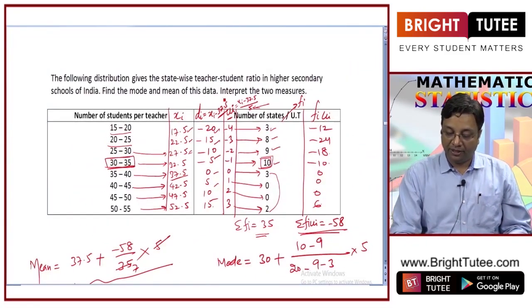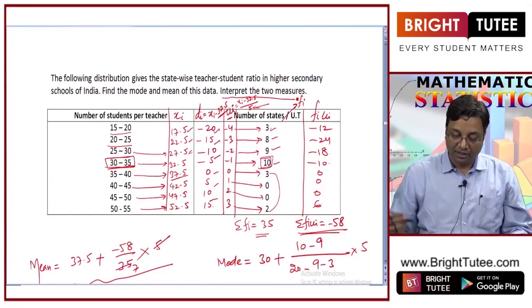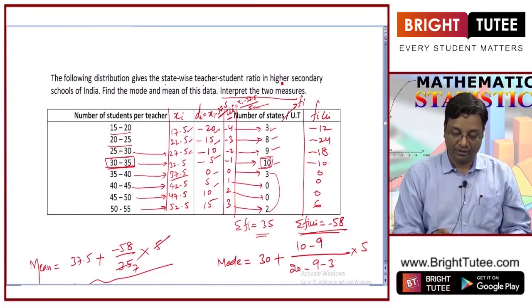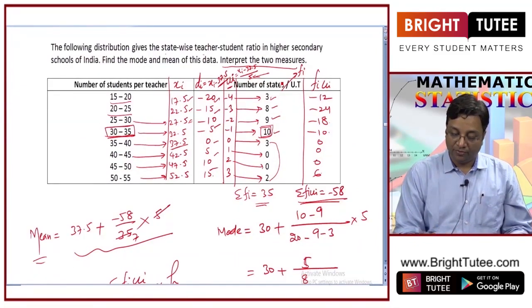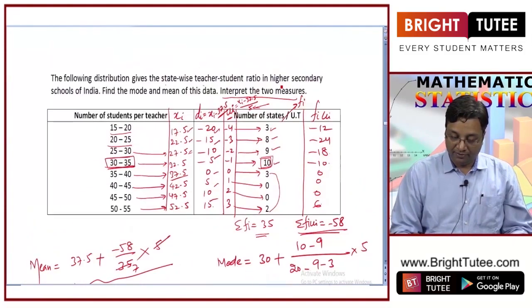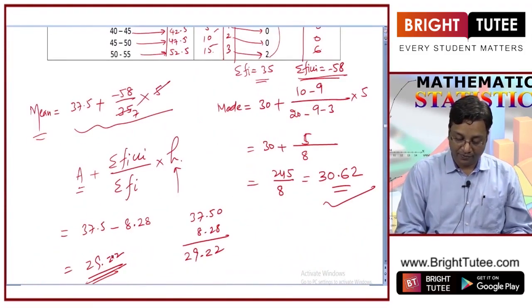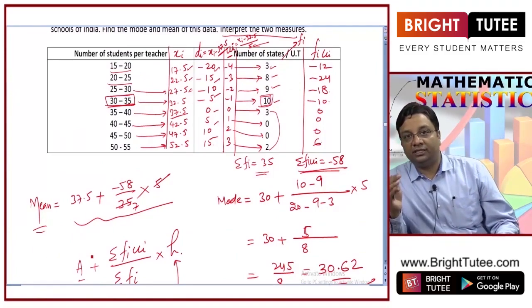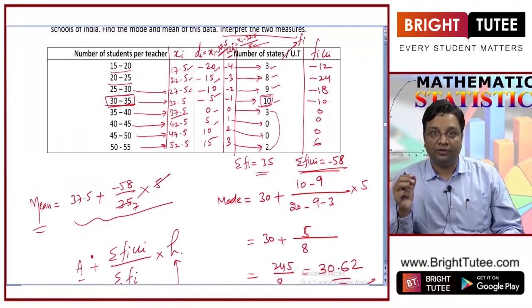And now interpret the two measures. Now, this frequency distribution gives us the teacher student ratios in high school of India. So, here the mean gives us the average student teacher ratio in the schools of India.